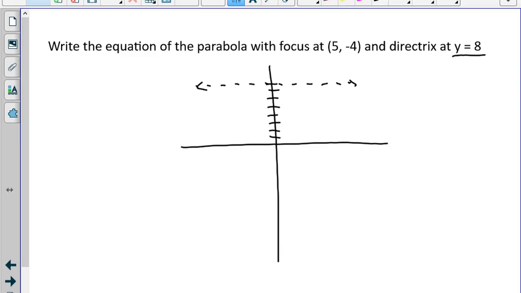Since my focus is at (5, -4), that means that my parabola has to be opening down because the directrix is above the focus. So the vertex is going to be directly in between the y values that we are given, because the directrix is a y equals line.